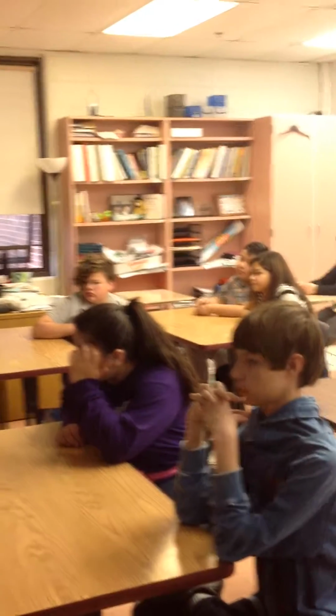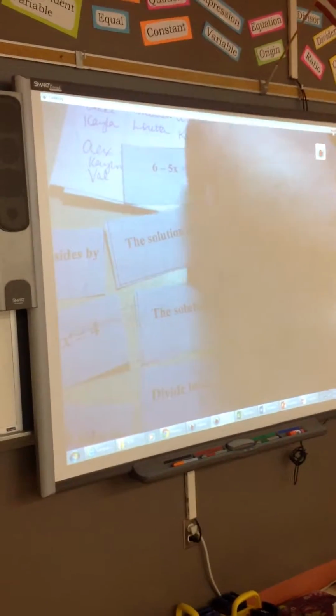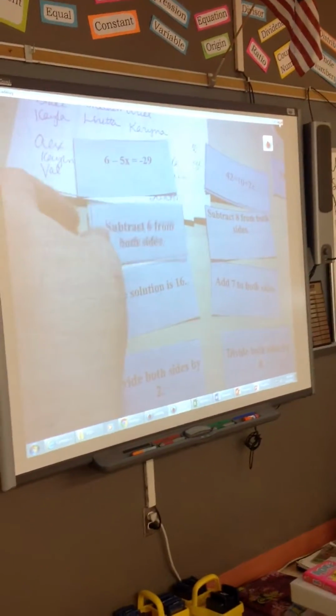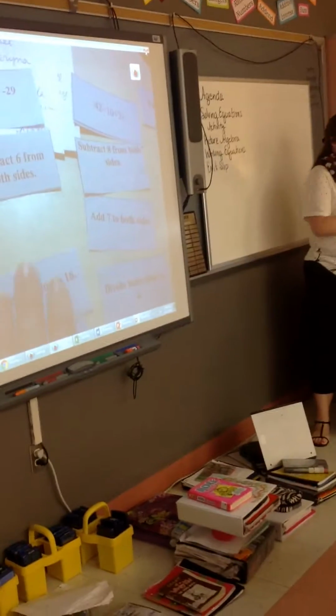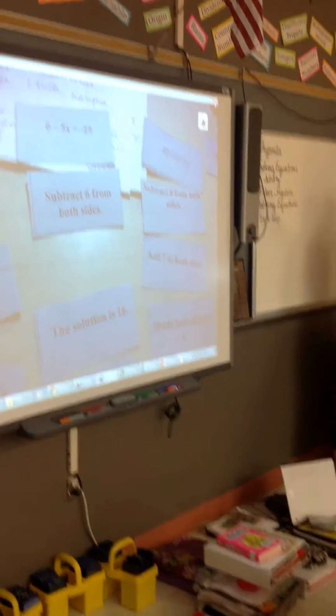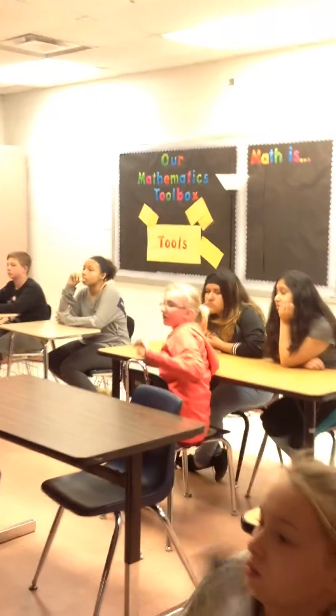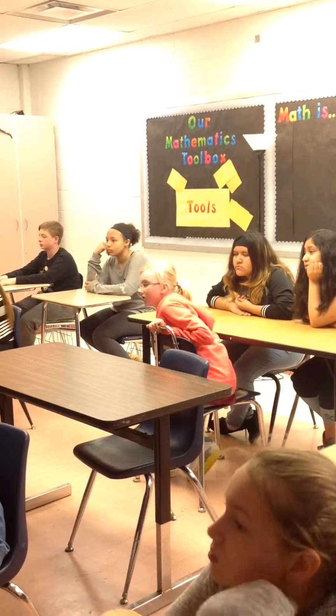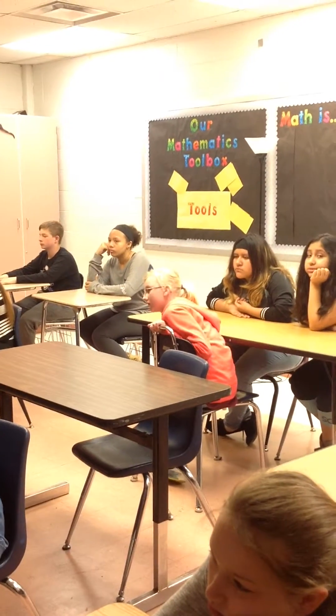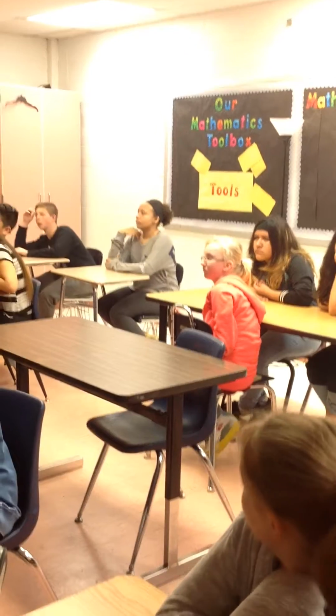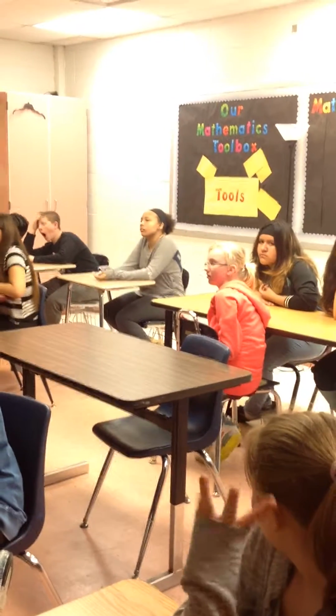Okay, so I'm going to find the card that says subtract 6 from both sides, and set that underneath. What would be my next step? Sarah? Subtract 6 and negative 29. Well, we've already done that; that's what subtract 6 from both sides is. So what would be our next step?